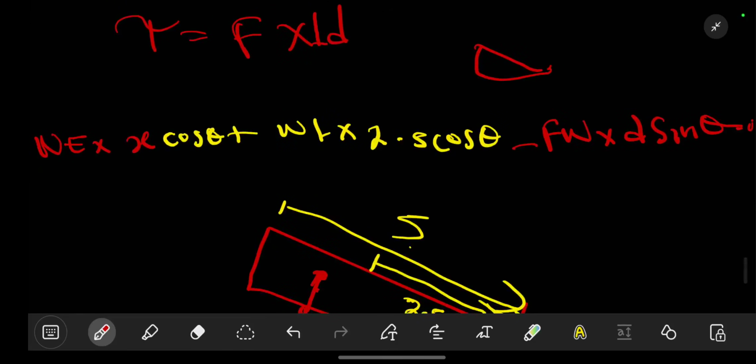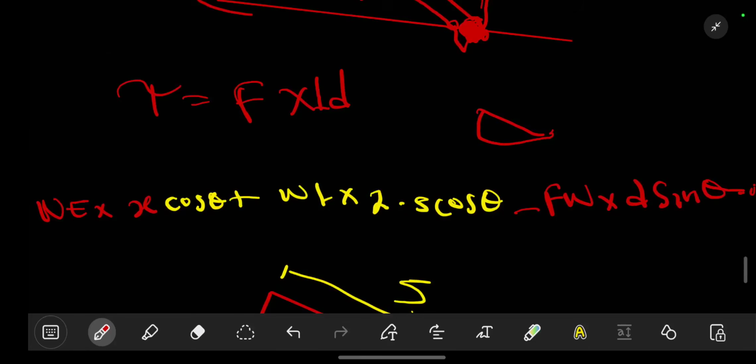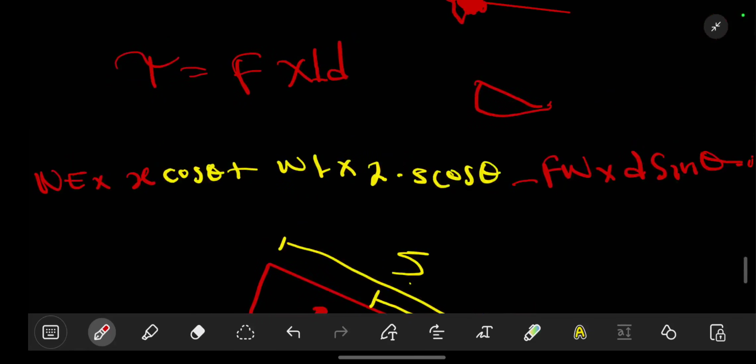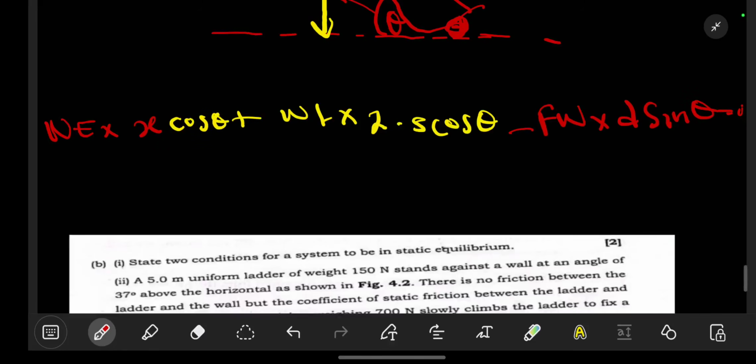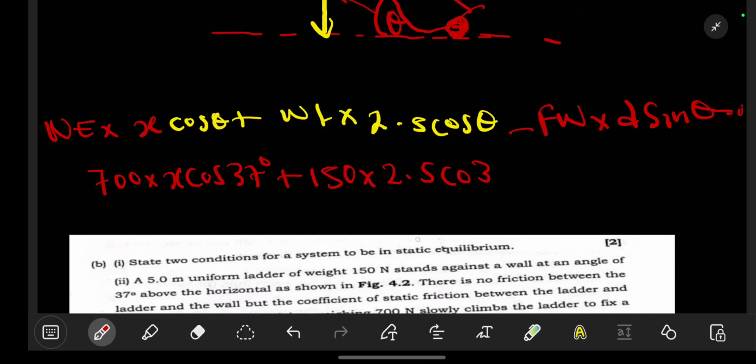So the weight of the electrician, remember now, let's get this equation. It should be equal to 0. The weight of the electrician is 700 newtons according to what we have been given. So we are going to say 700 newtons times x cos of the angle we have been provided with, which is 37, plus the weight of the ladder, 150 times 2.5, then cos of 37 degrees.